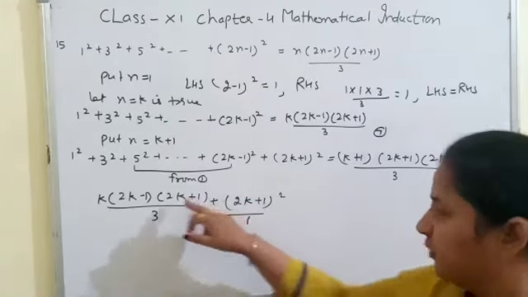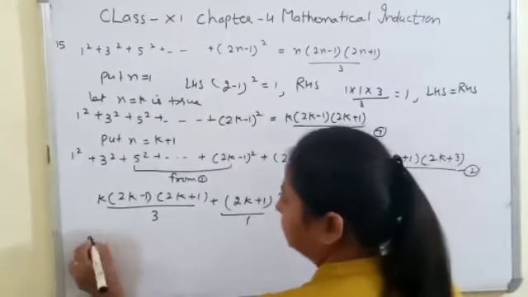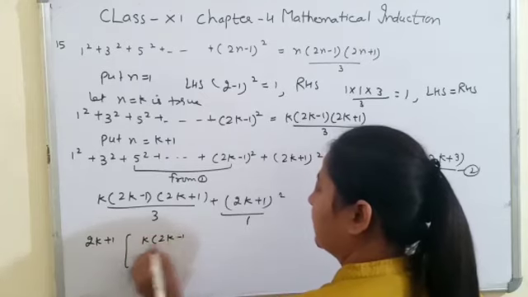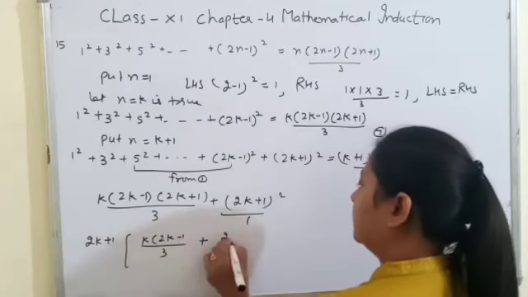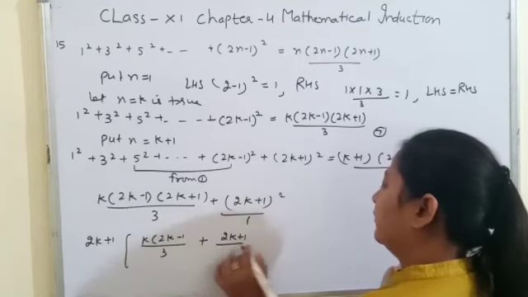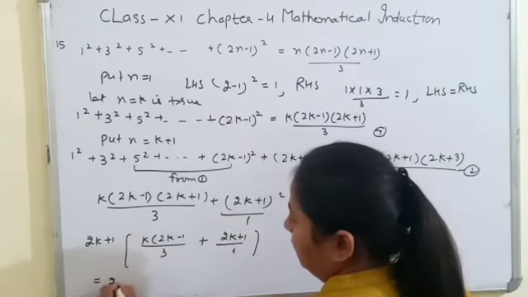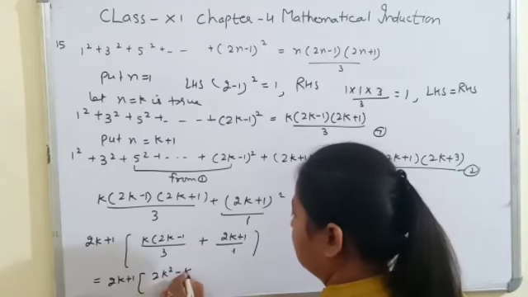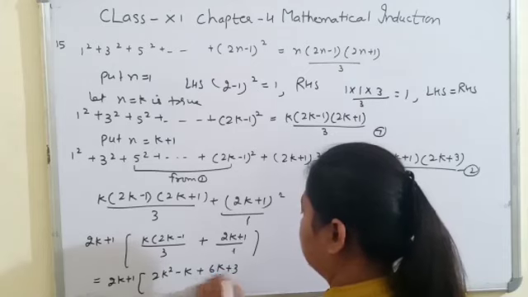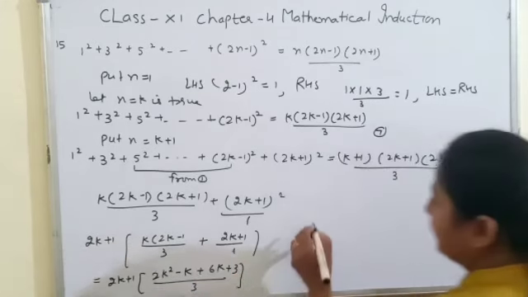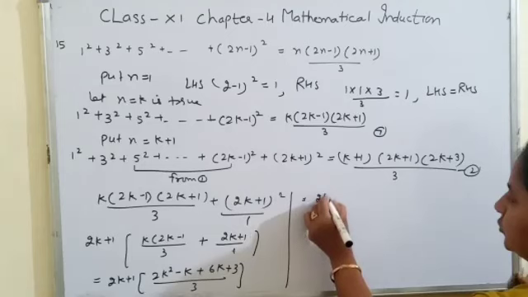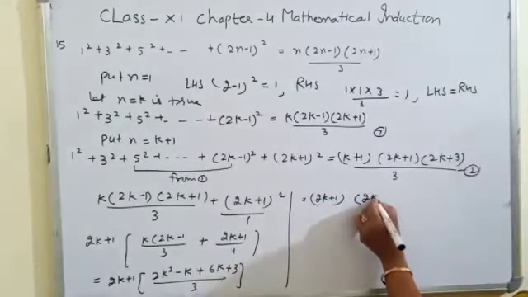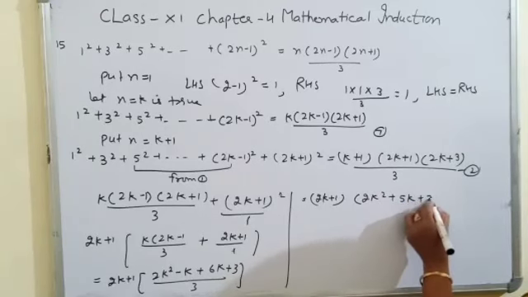Now we can take (2k plus 1) common from both terms: (2k plus 1)[k(2k minus 1) upon 3 plus (2k plus 1) upon 1]. Taking the LCM: (2k plus 1)(2k square minus k plus 6k plus 3) upon 3, which is (2k plus 1)(2k square plus 5k plus 3).